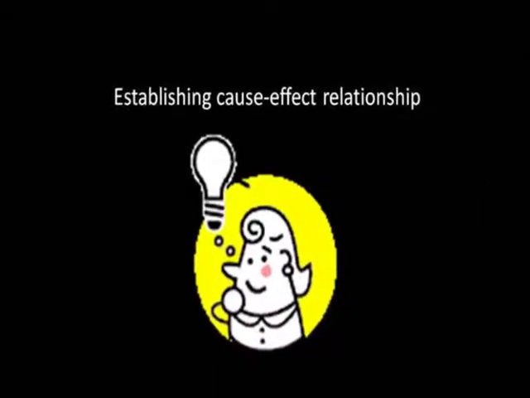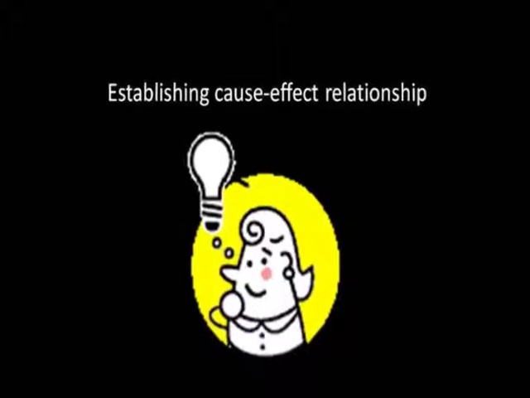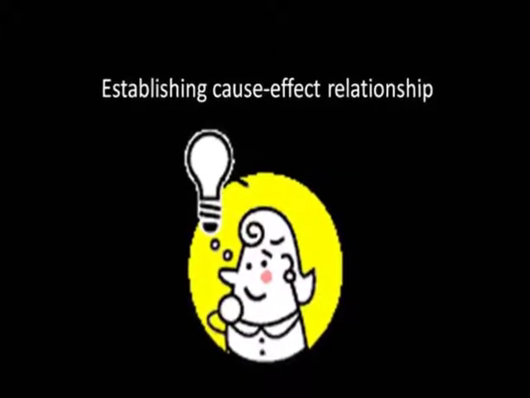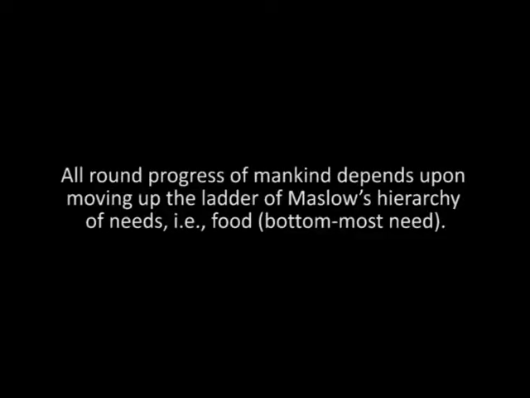Use of scientific methods. Industrial sociology acquires greater significance in view of the scientific methods adopted to study it. To understand it by establishing cause-effect relationships, scientific knowledge helps. All-round progress of mankind depends upon moving up the ladder of Maslow's hierarchy of needs, that is, food, the bottommost need.